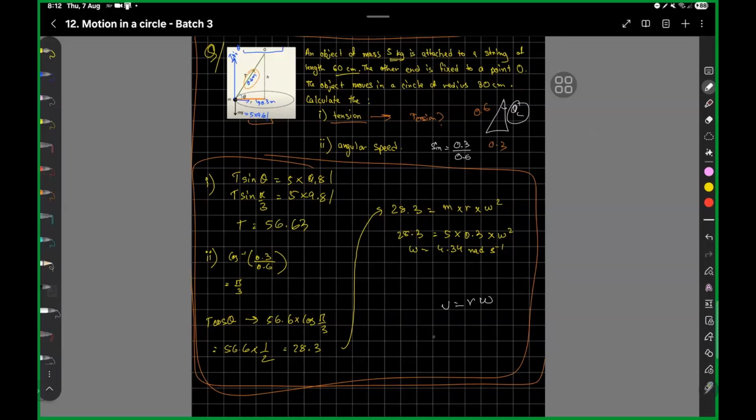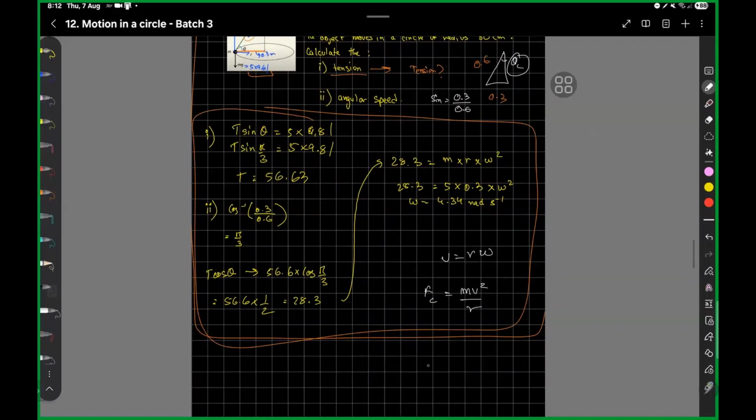Do we know the centripetal force formula? One is mv squared by r, the other is m r omega squared. So these are the two formulas we know. Now, exactly this I can be working with.